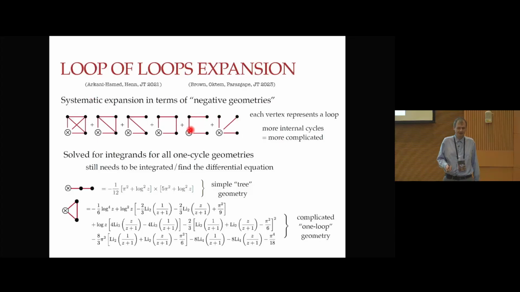As it turns out, any contributions which don't have internal cycles are simple, like these two. Note that these are not diagrams in the usual sense because the vertex corresponds to a loop. So all of these contributions here are four-loop contributions to the four-loop amplitude.